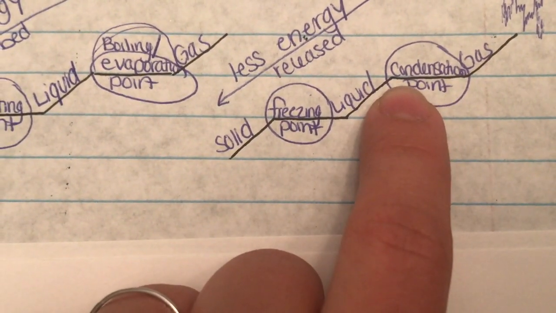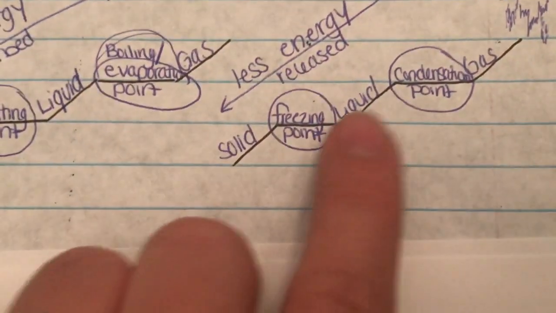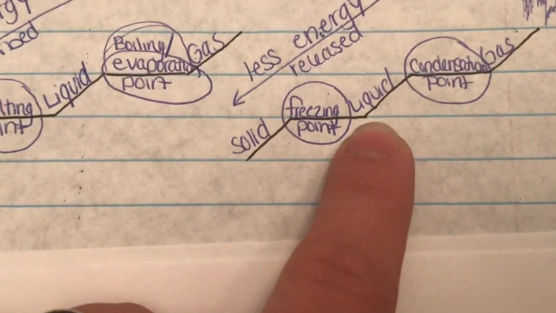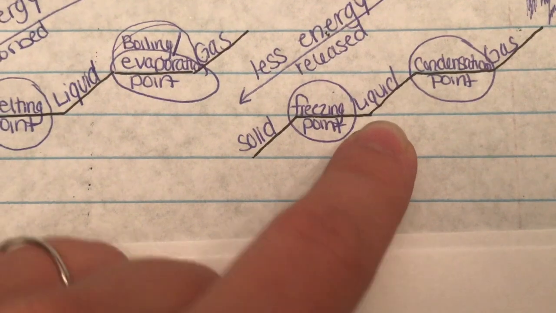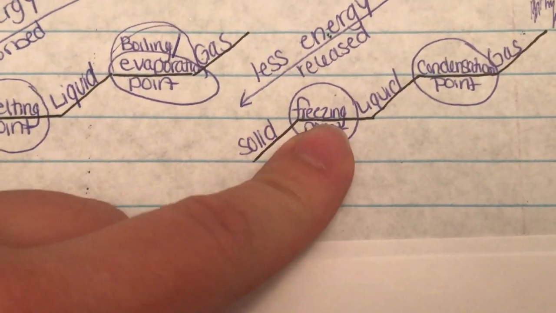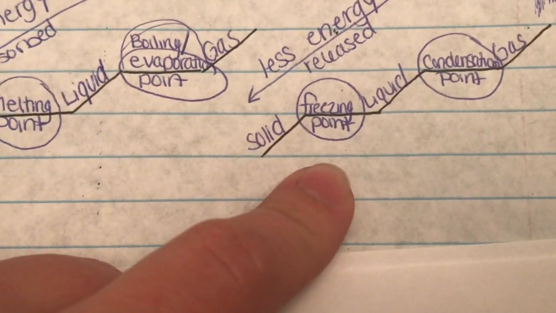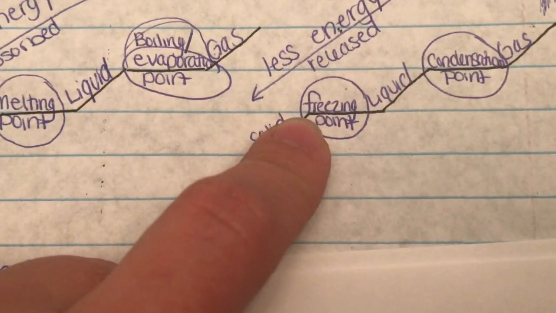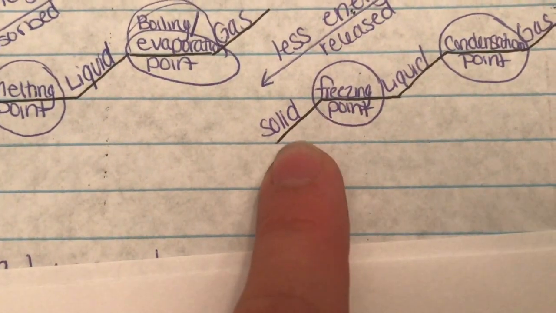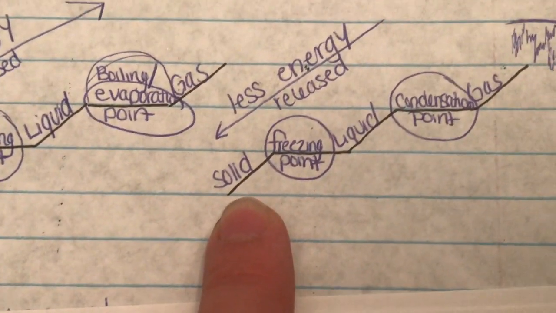So it'll take some time for that to all convert back to a liquid, and then if I keep cooling it, or releasing energy, I'm going to get to a point where the liquid is going to then freeze. It's going to start turning into a solid. This is called your freezing point, and that'll take some time until it completely gets to a solid, and then if I keep cooling, I will be in the solid phase.